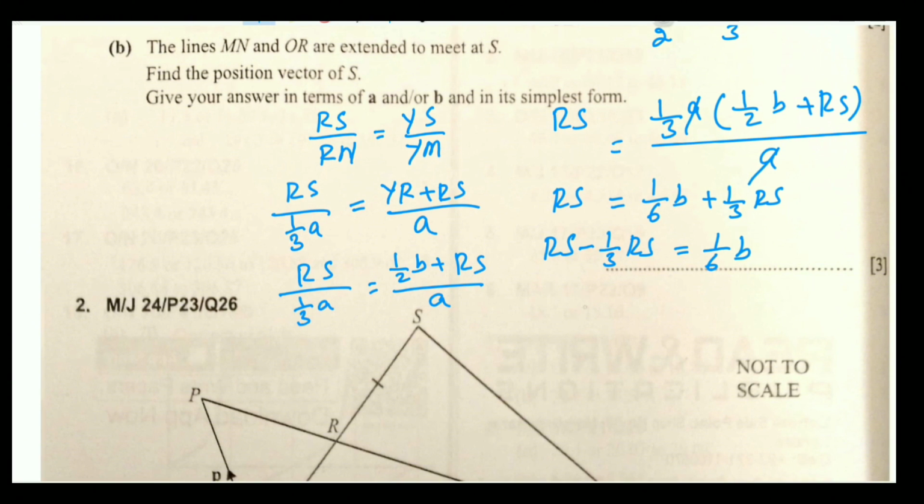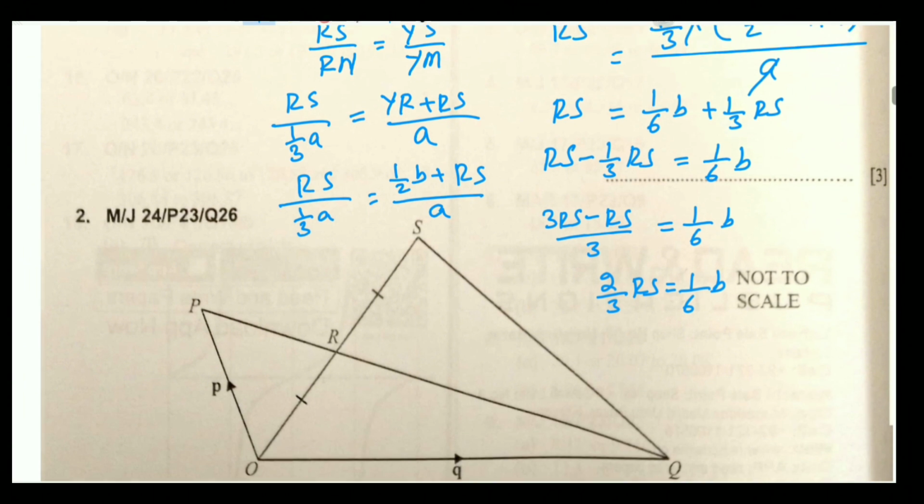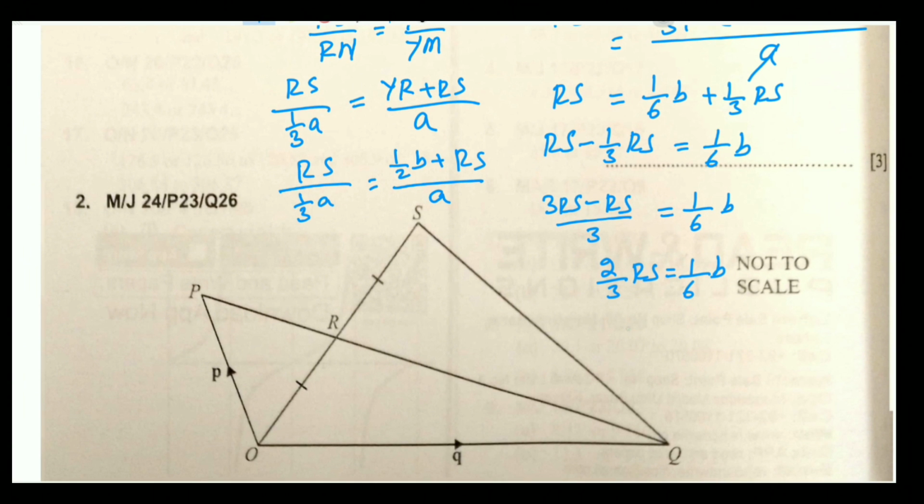If we take LCM, 3 RS minus RS is equal to 1 by 6 B. 3 minus 1 is 2, so 2 by 3 RS is equal to 1 by 6 B. 2 by 3 is multiplying, so it will be divided when it goes on the other side.